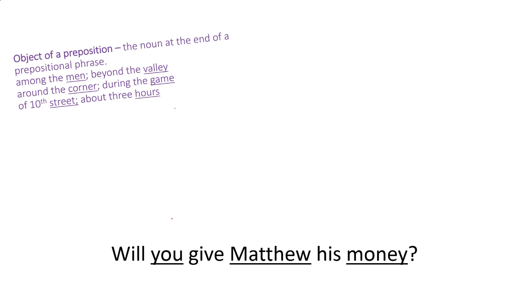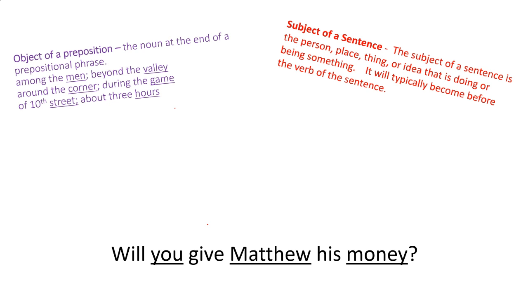Will you give Matthew his money? Okay. Will you, there is no prepositional phrases in this case. We're going to find the subject. The subject is the person or place doing the action, so you are the one that's giving, so the subject is going to be you. Notice it's the beginning of the sentence before the verb. What are you giving?